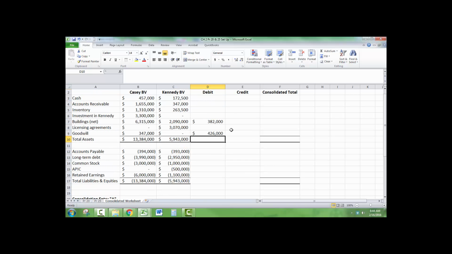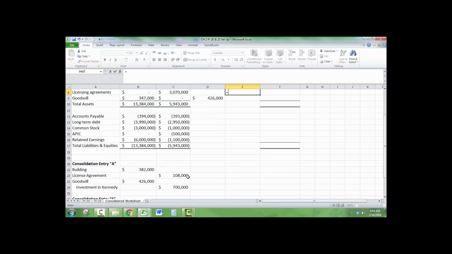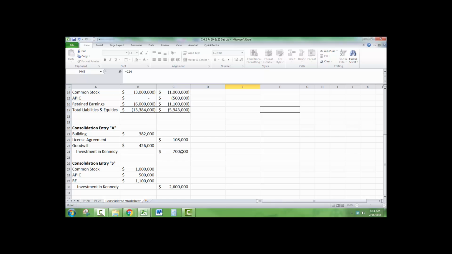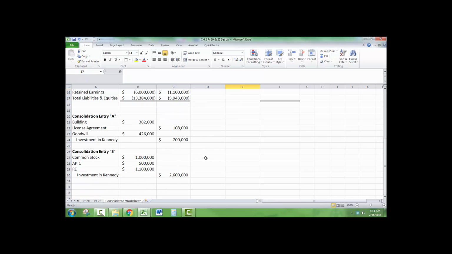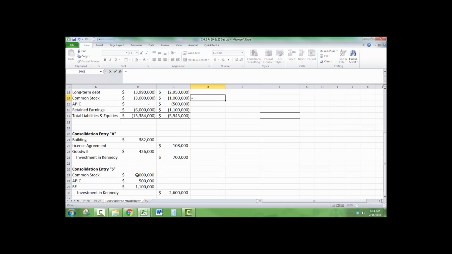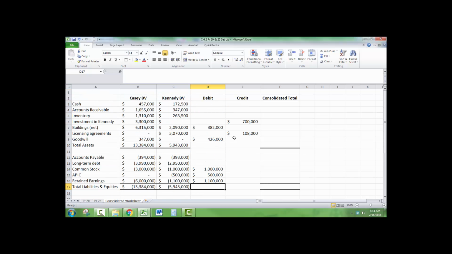We had a credit to license agreements. And we had a credit to investment in Kennedy. We're also going to link the common stock entry S. So we had a debit to common stock, a debit to additional paid-in capital, a debit to retained earnings, and we have a secondary credit to investment in Kennedy.